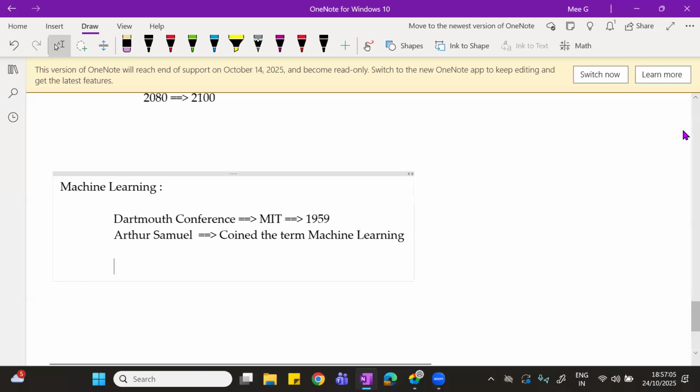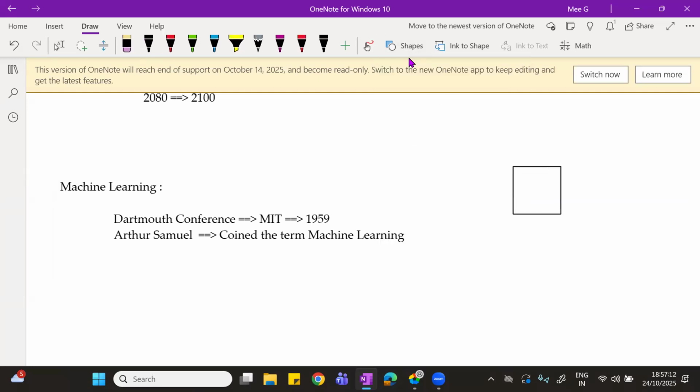The author Samuel was working at IBM in 1952. When he was working with IBM, he developed a checkers program. Checkers is just like the chess playing game.